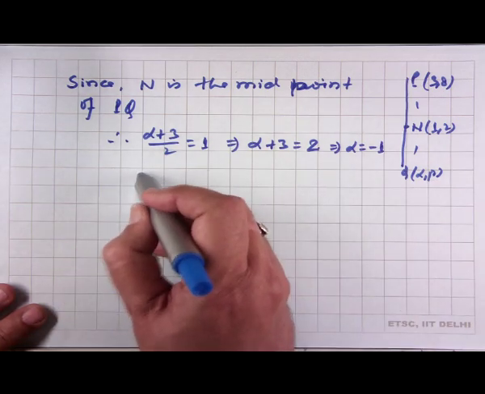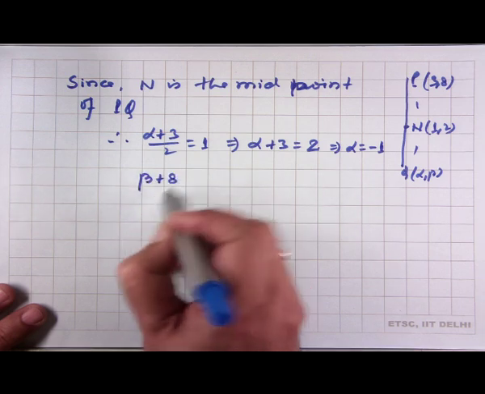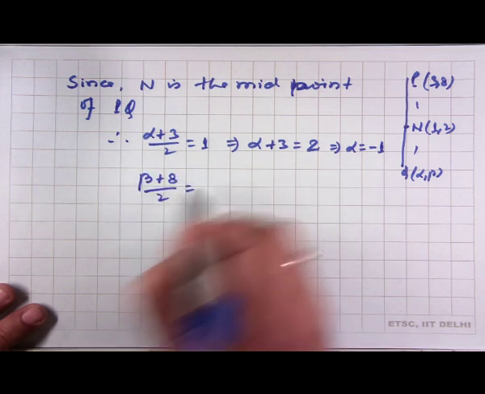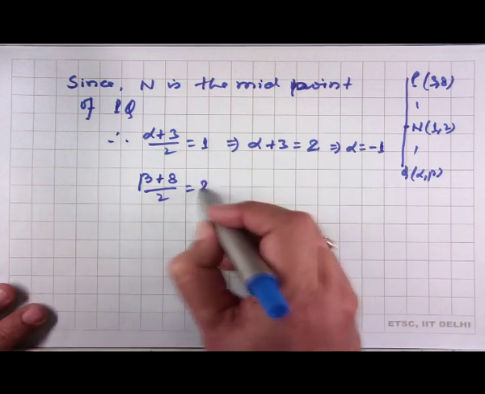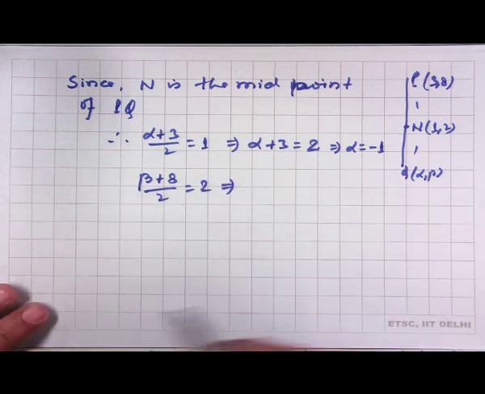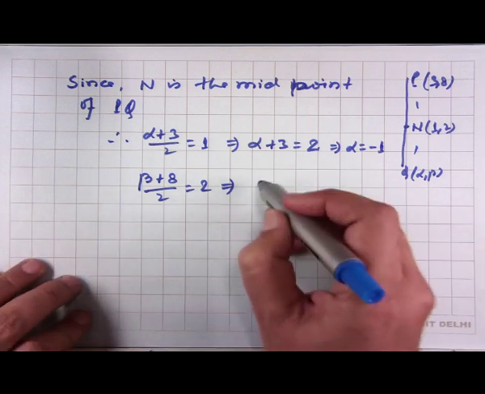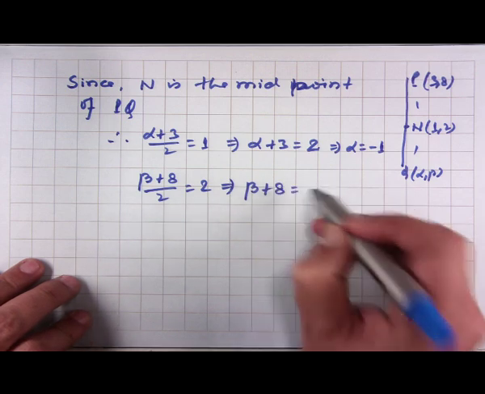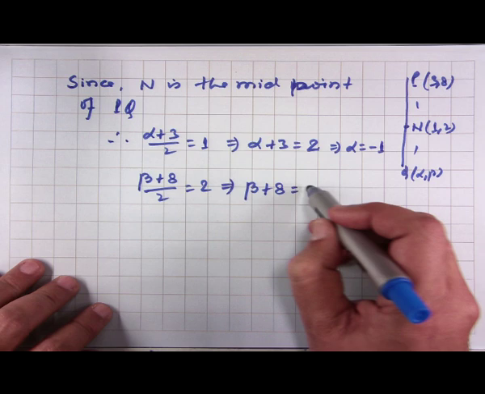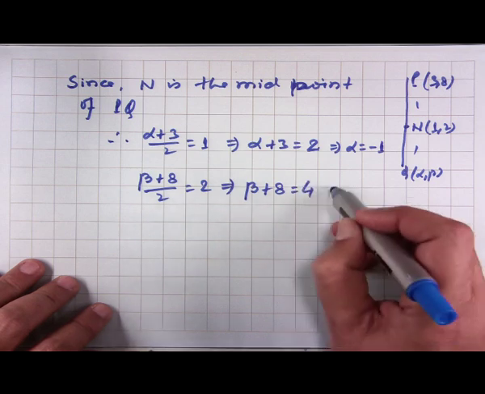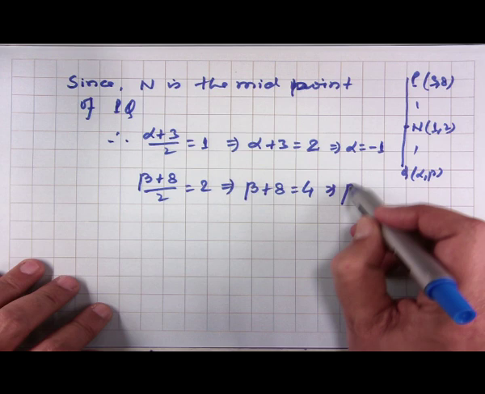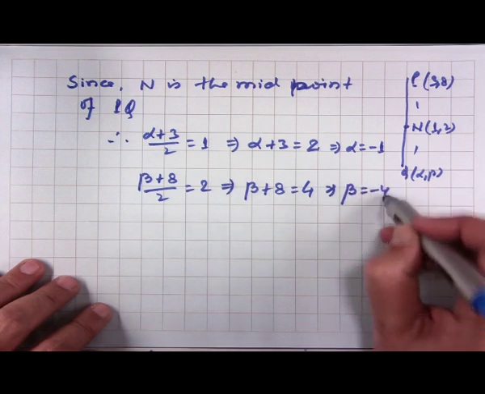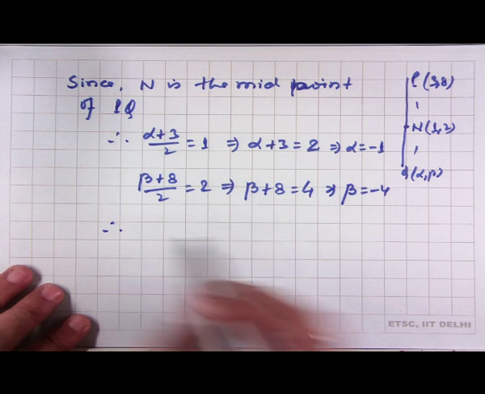And beta plus 8 by 2 is equal to 2. This implies beta plus 8 is equal to 4. So this implies beta equal to minus 4.